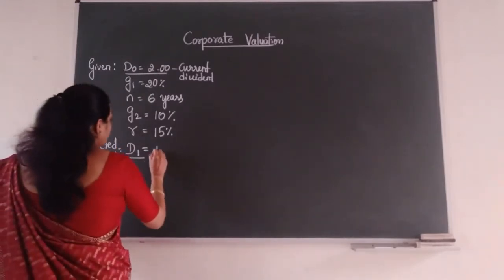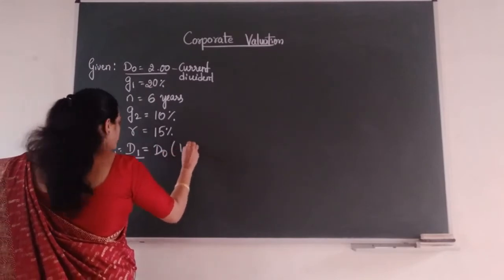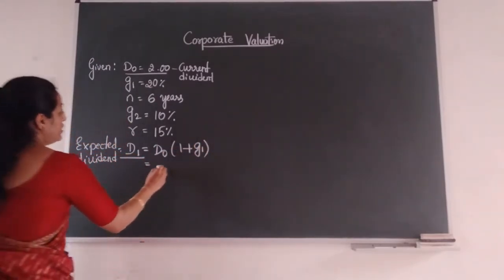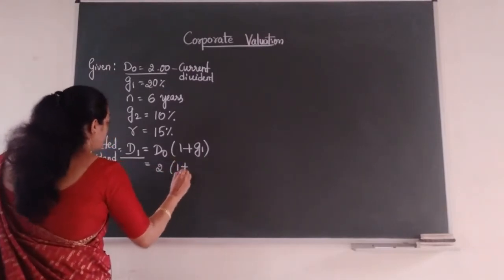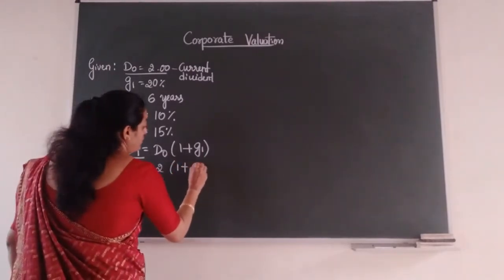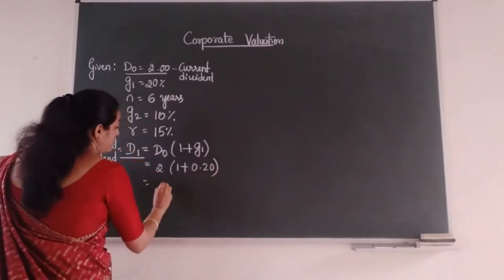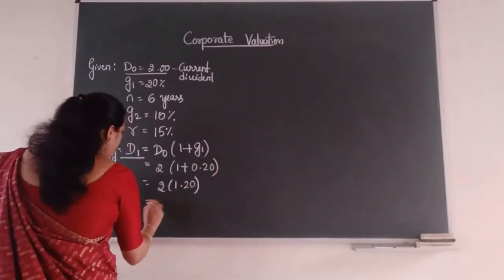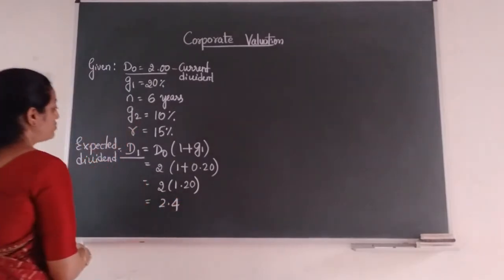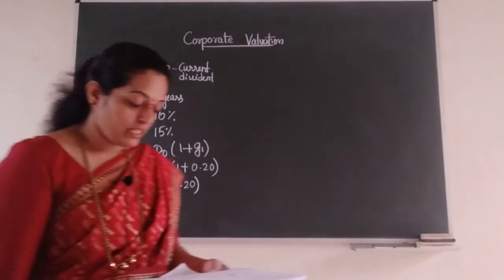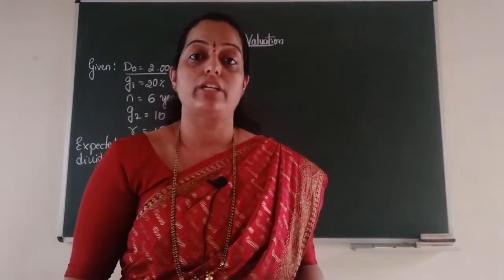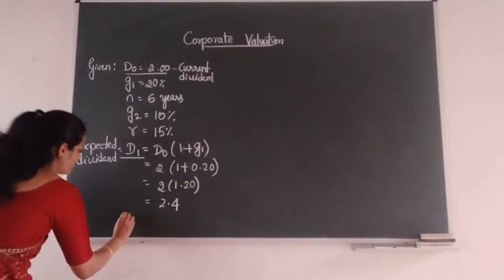D1 is equal to D0 into 1 plus G1, the formula to find the expected dividend. 2 multiplied by 1 plus 0.20, 2 into 1.20, this is 2.4. What they asked you to find out is the intrinsic value of the equity share. The intrinsic value of the equity share is nothing but P0. P0 is the question mark.